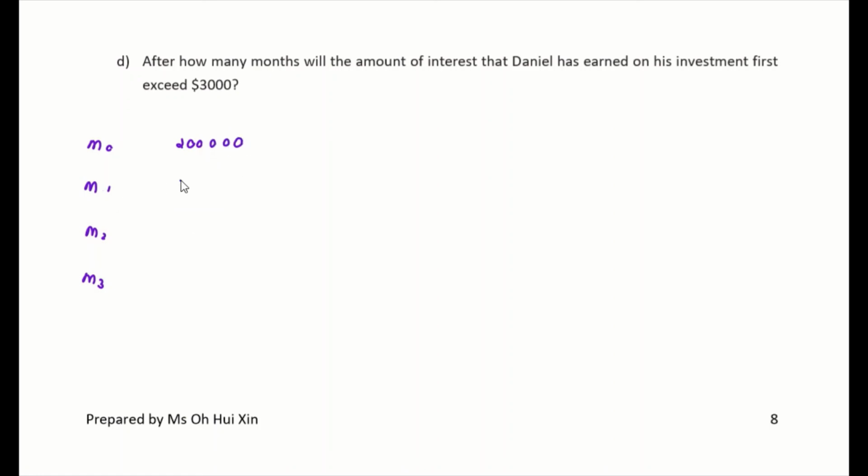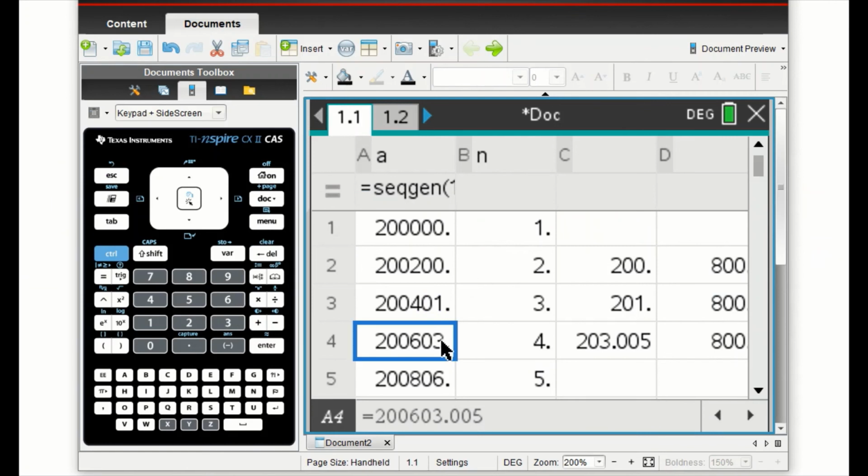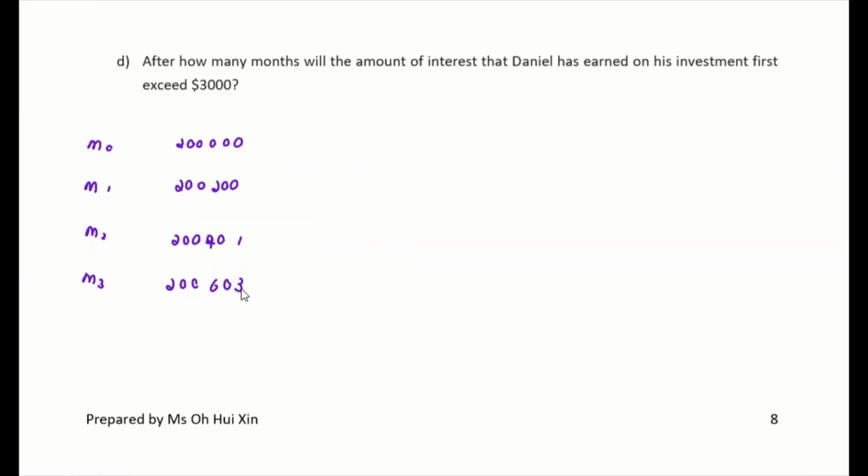The second one we have 200,200, then 200,401, oops, 401 just now, then 200,603 if I'm not mistaken. If you want to write 0.005, writing it as 0.01 is okay as well. You can check out the increment here.